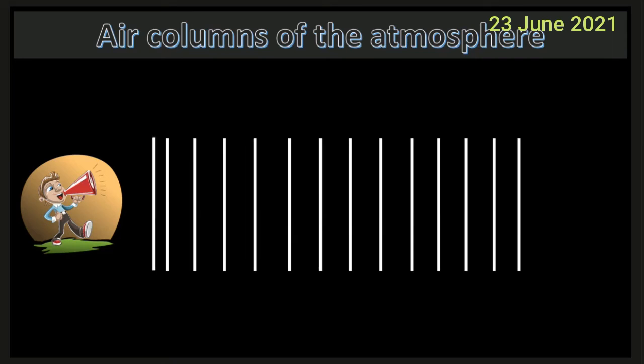Now that energy is transferred to the adjacent air column. And now you can see the air column is being moved to and fro because the horn is on.